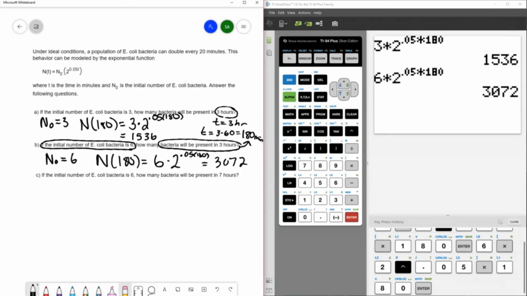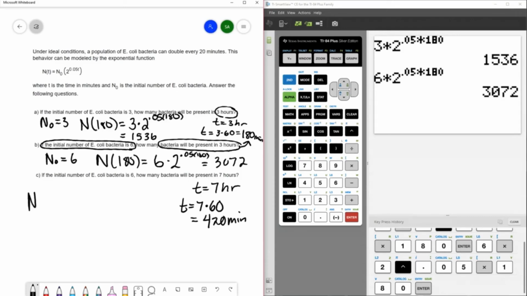In the last part, the initial number of E. coli is 6, and we want to know how many bacteria will be present after 7 hours. So t equals 7 hours. We can change that to minutes. 7 times 60. There are 60 minutes in an hour, and that would give 420 minutes.